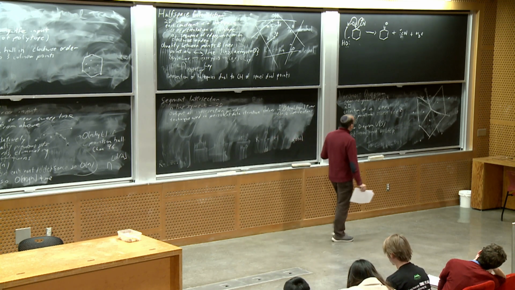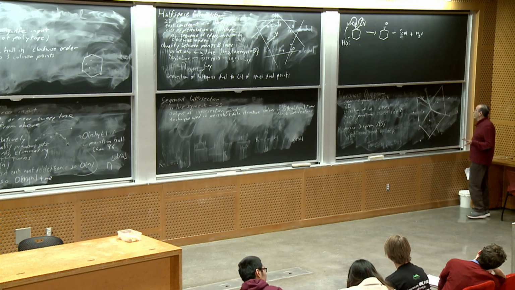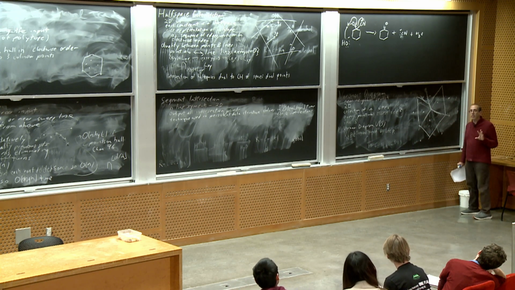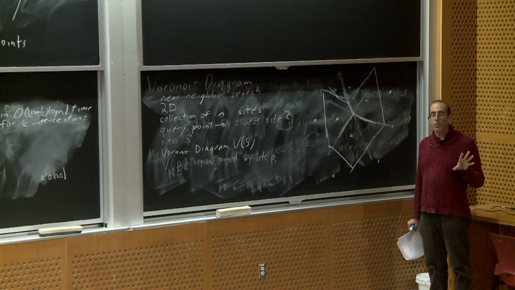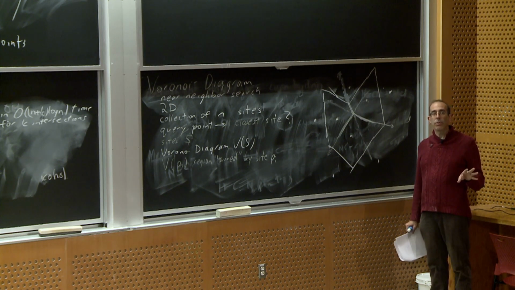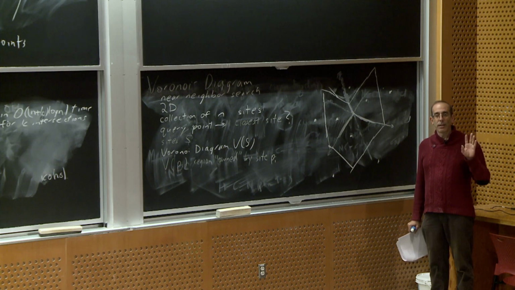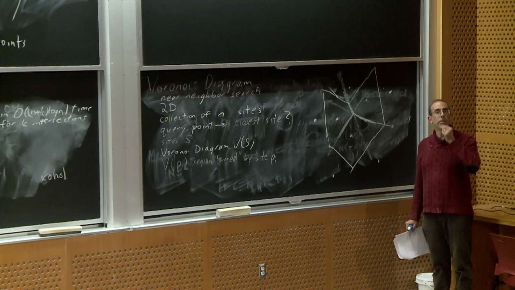And once we have drawn this Voronoi diagram, we're well along towards solving the nearest neighbor problem. Because once we have this Voronoi diagram, what do we need to do when we have a query point in order to identify the closest site? Yeah?